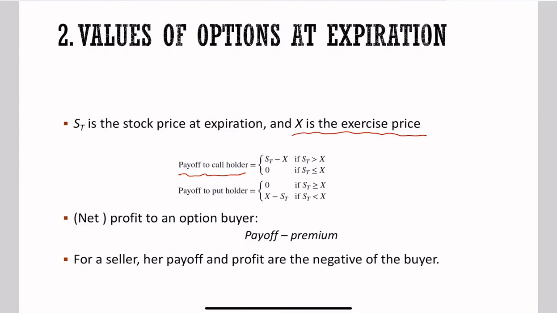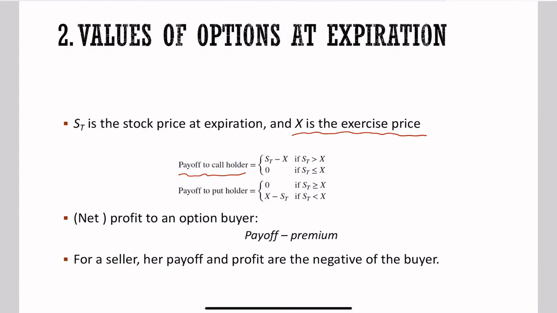And then on the expiration day, if the market price is larger than the exercise price, as a call holder, you will want to exercise the call because, again, call gives you the right to buy at the exercise price. So if market price is larger than the exercise price, then it basically means you can purchase this asset at a lower price because now exercise price is lower.